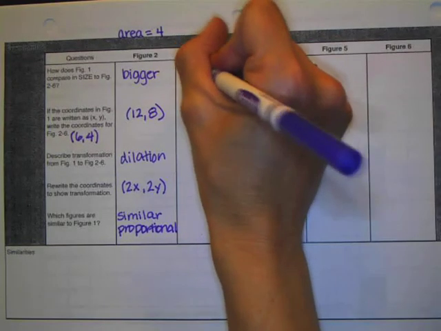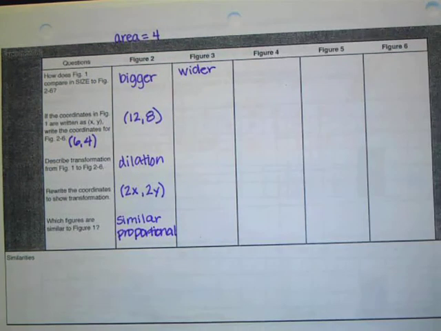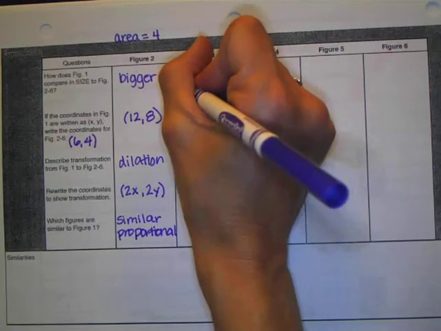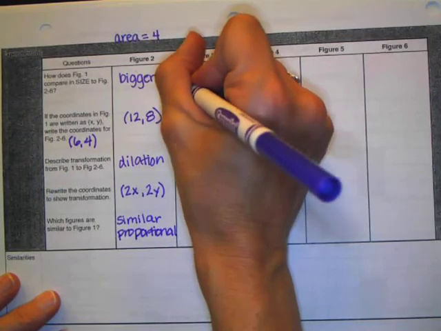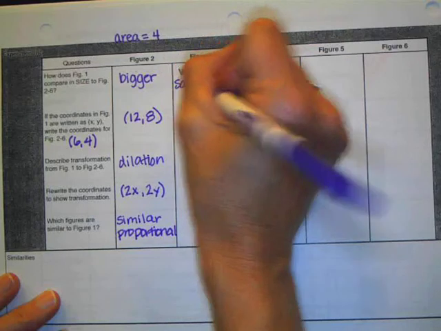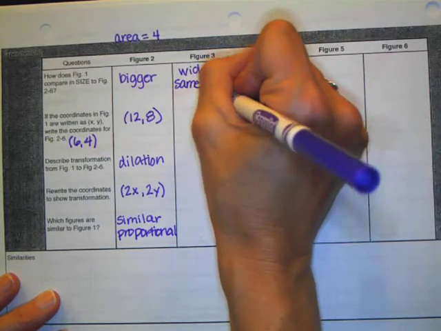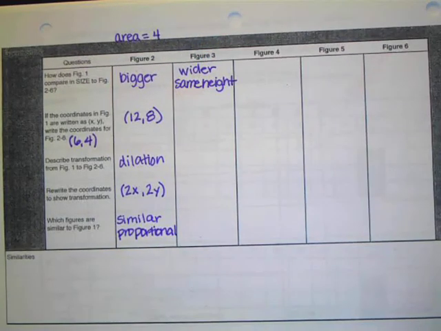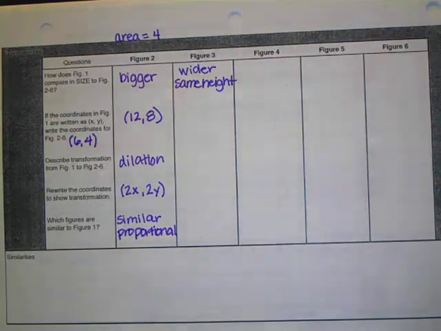He is definitely wider. What about the height? What happened to his height? It stayed the same. Oh, it stayed the same? Oh, okay. So I'm just going to put same height. So the only thing that we did is we stretched him out, but we kept him the exact same height.